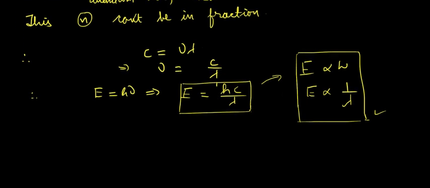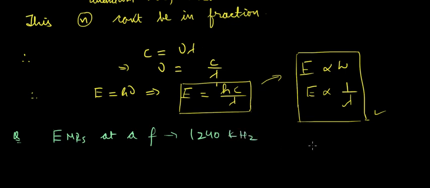So let's do some quick questions on it. An FM radio station broadcasts electromagnetic radiations at a frequency of 1240 kilohertz. What is the wavelength of radio waves?